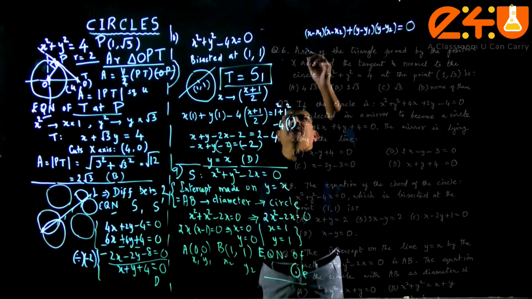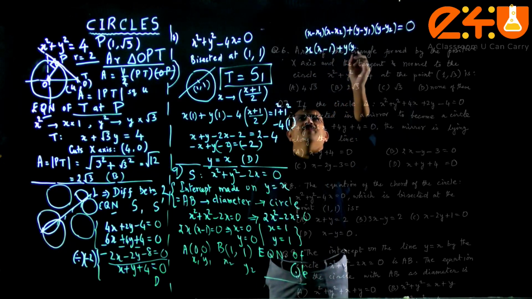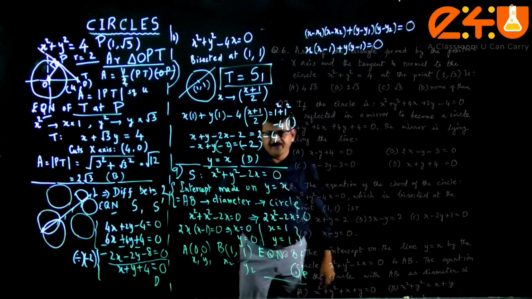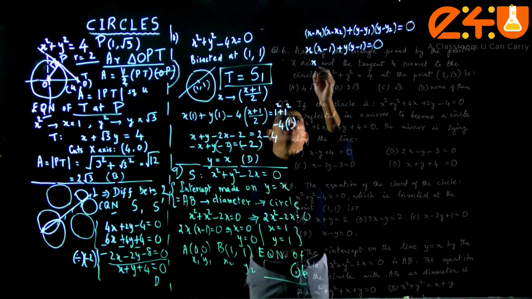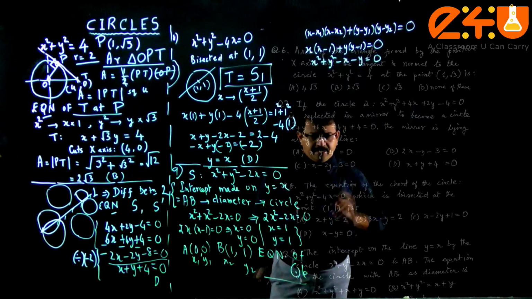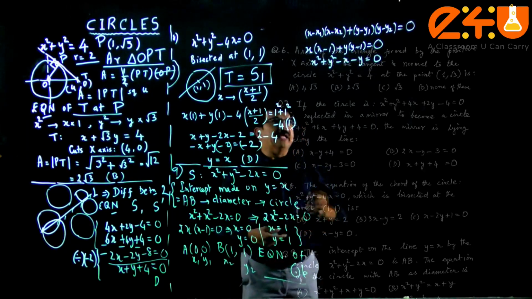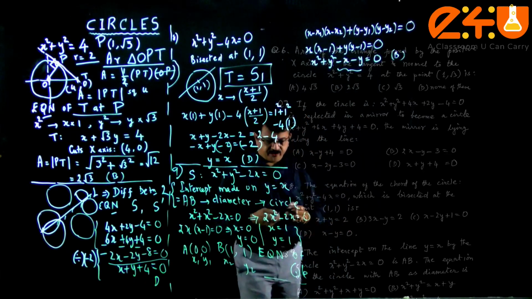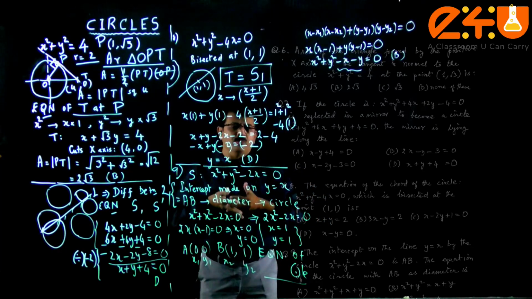Substituting the values, x minus 0 times x minus 1, plus y minus 0 times y minus 1 makes 0. So that is the correct equation of circle. It is x squared plus y squared minus x minus y equal to 0. That option is already there in option B, where these two terms are taken to the RHS. You find the option x squared plus y squared equal to x plus y.